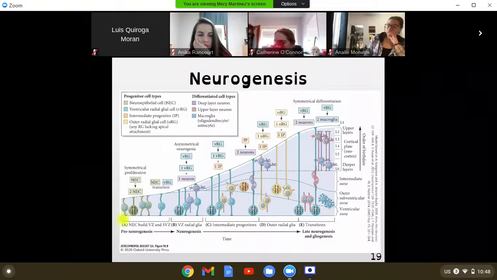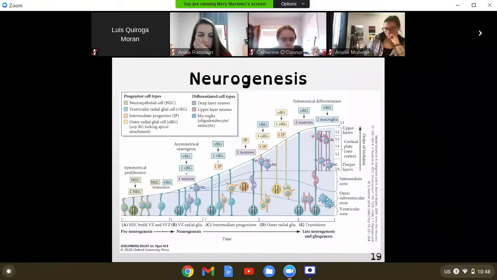So we start with a neuroepithelial cell that goes through mitosis, and at the end, we have two. One will remain as a stem cell. So this is the symmetrical proliferative section that I said can produce two differentiated daughter cells, and one will remain a stem cell, okay?